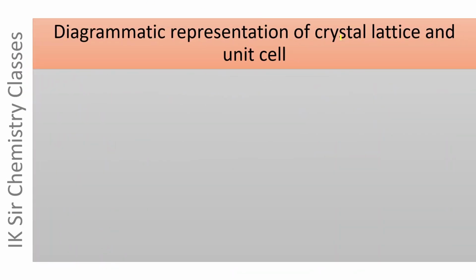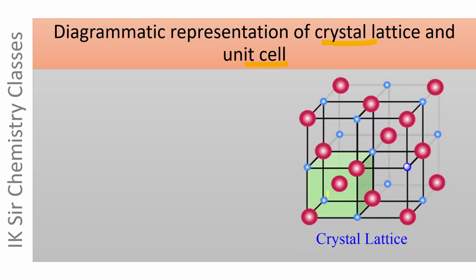Diagrammatic representation of crystal lattice and unit cell. A crystal lattice is given here. It has an ordered arrangement of cations and anions.